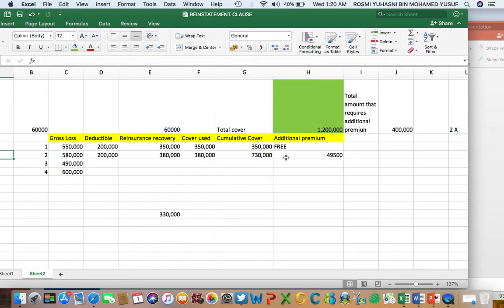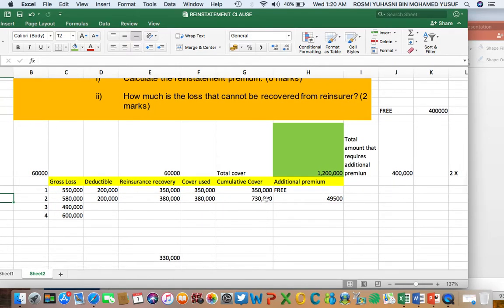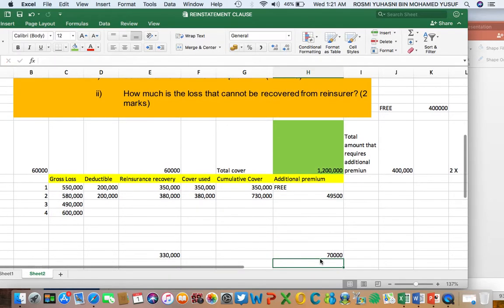They have used the 400,000 reinstatement, the first reinstatement, for free, and for the next reinstatement they have to pay, meaning that they have to pay another 800,000 minus 730. So another 70,000 is the amount that they have to pay additional premium in order to get the second reinstatement.